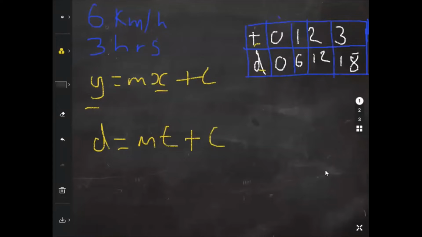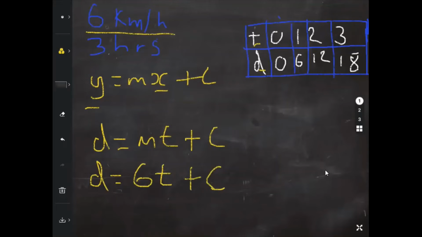From there, we can solve to find the rule. So we know our m, isn't it? It's our rate of change. How much is it changing? We know that it's changing 6 kilometers for every hour. So we're going to have d is equal to 6t plus c. If we think back, our c value is just our y-intercept.